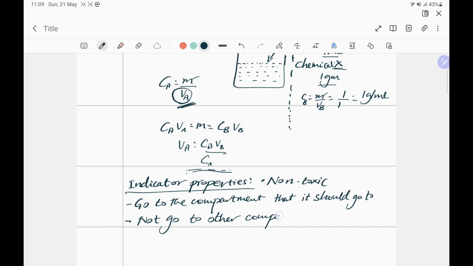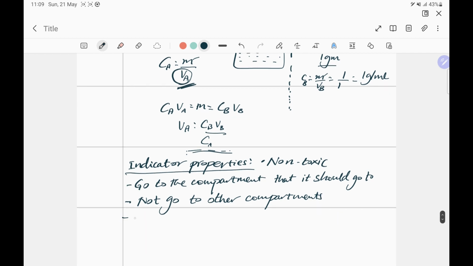And then it should not be eliminated or metabolized by the body.